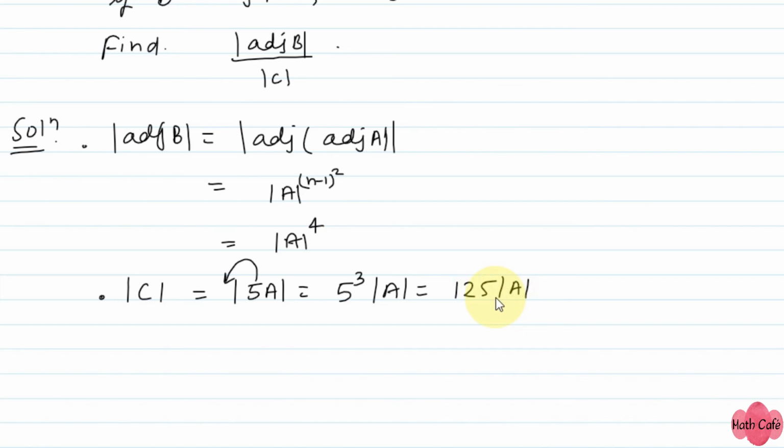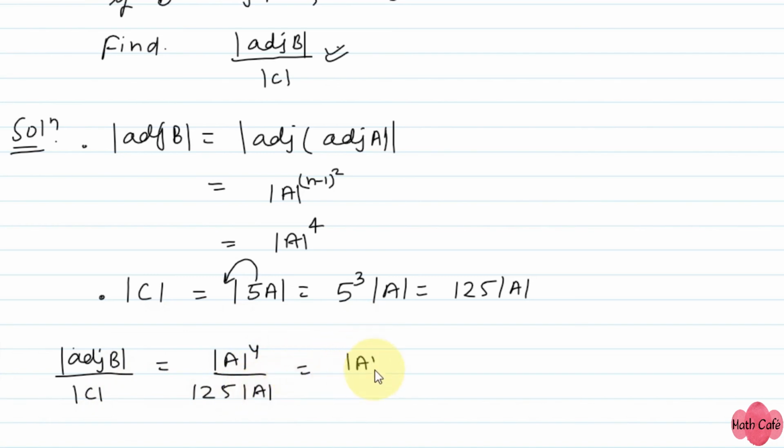Finally we put all the values in the expression: determinant of adjoint B divided by determinant C. Determinant of adjoint B is nothing but determinant value of A power 4, divided by determinant of C, which is 125 determinant value of A. So finally we get determinant value of A power 3 divided by 125.